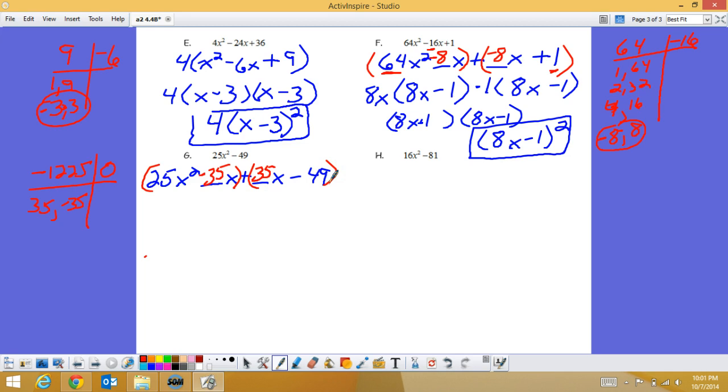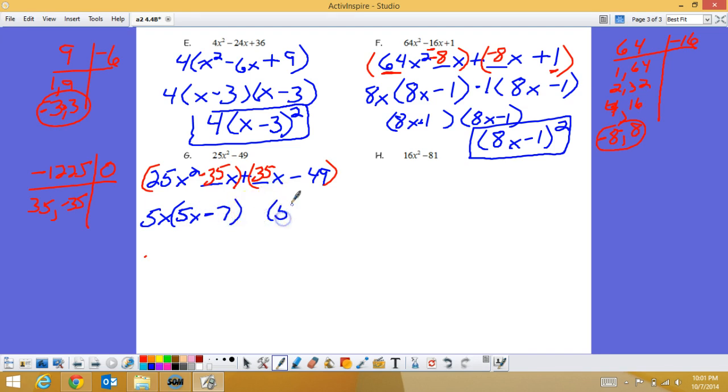So in that first set, we can factor out a 5x. 5 goes into both 25 and 35, and we can take out an x. What do we multiply 5x by to get 25x squared? 5x. What do you multiply 5x by to get negative 35x? Negative 7.